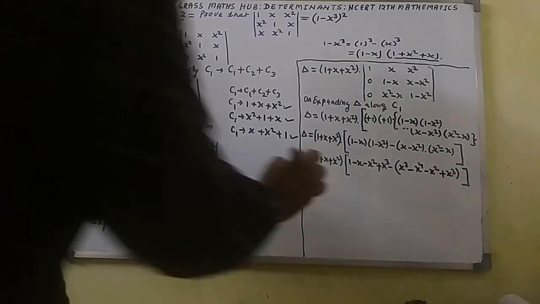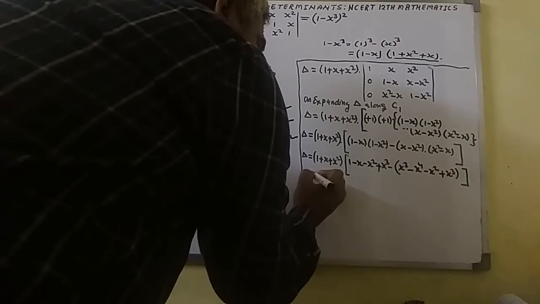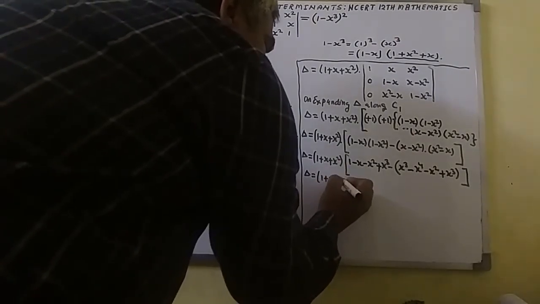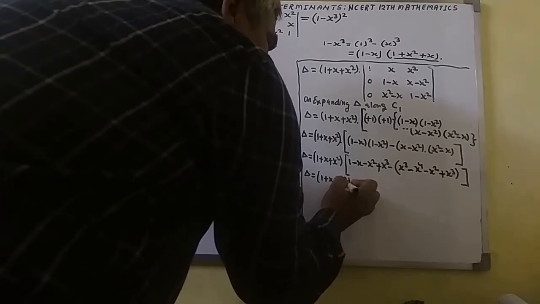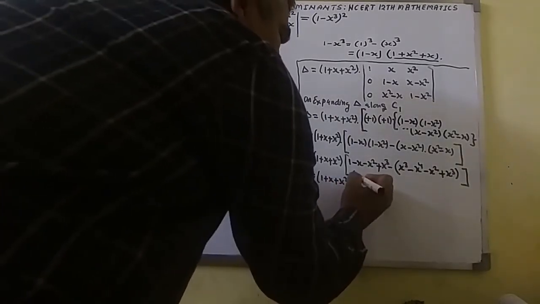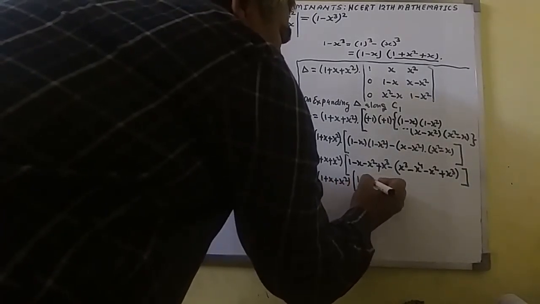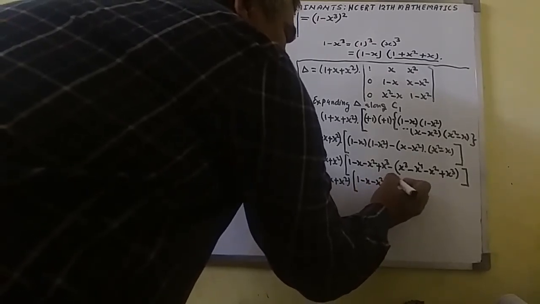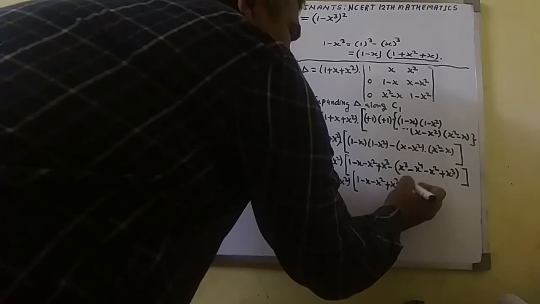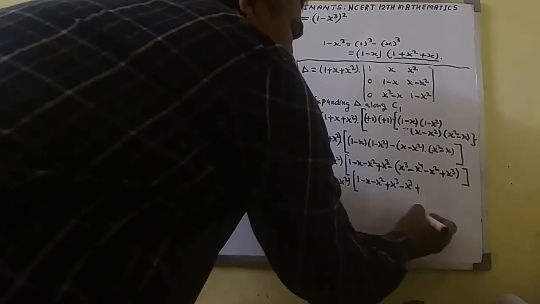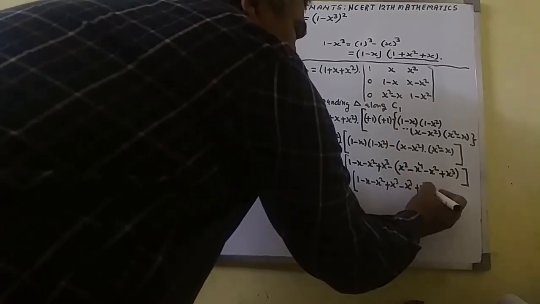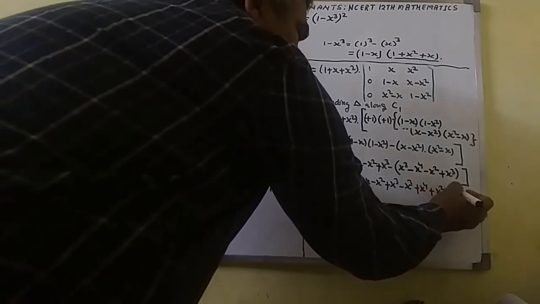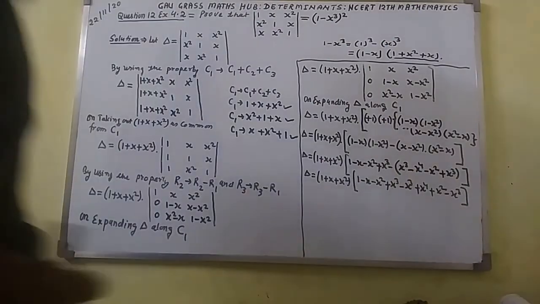Now elaborate this thing, you will get here det equal to 1 plus x square, you will get 1 minus x square plus x cube minus x cube plus x to the power 4 plus x square minus x cube. This thing you will get.